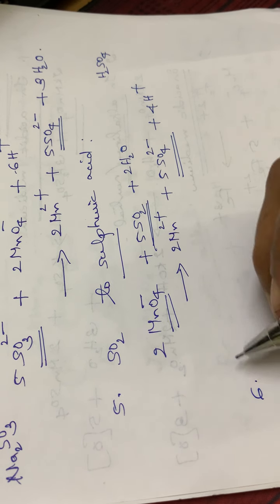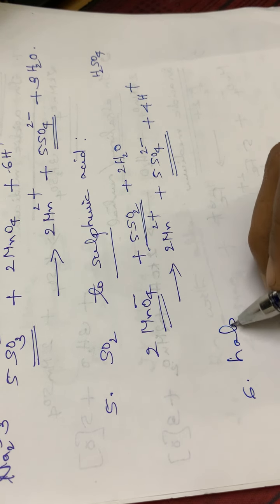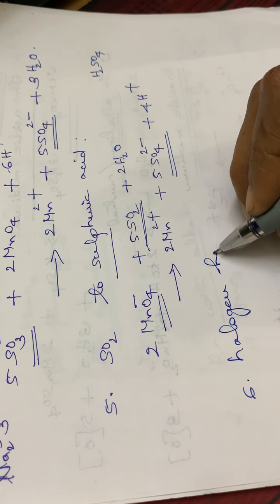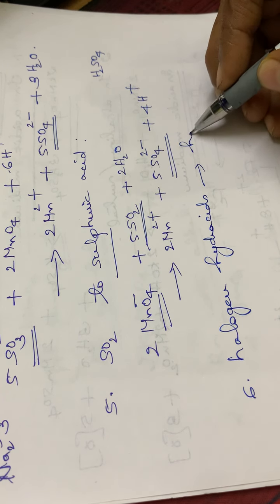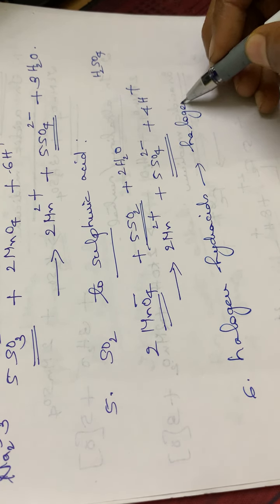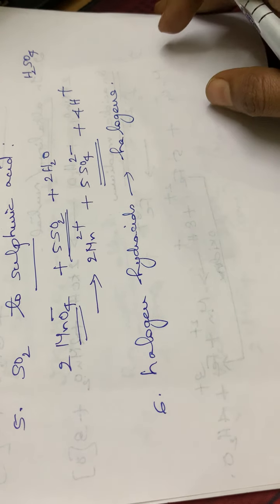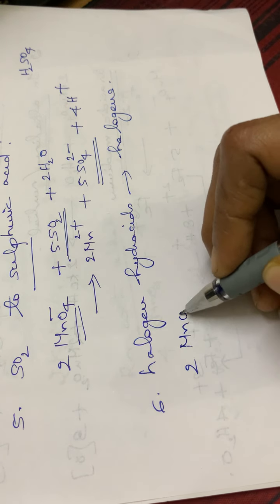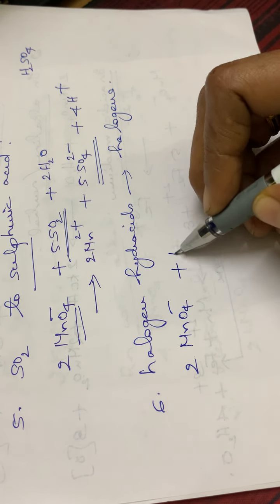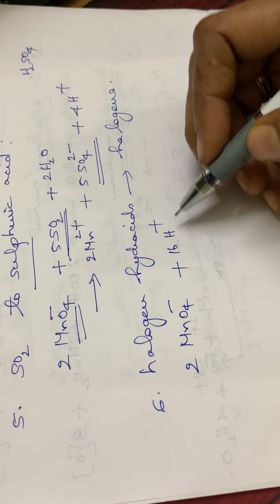Then the next reaction, halogen hydracids are oxidized to halogens. See here, you have to write down the equation, 2MnO4 minus plus 16H plus. Halogen hydracids means it can be HCl, isn't it?